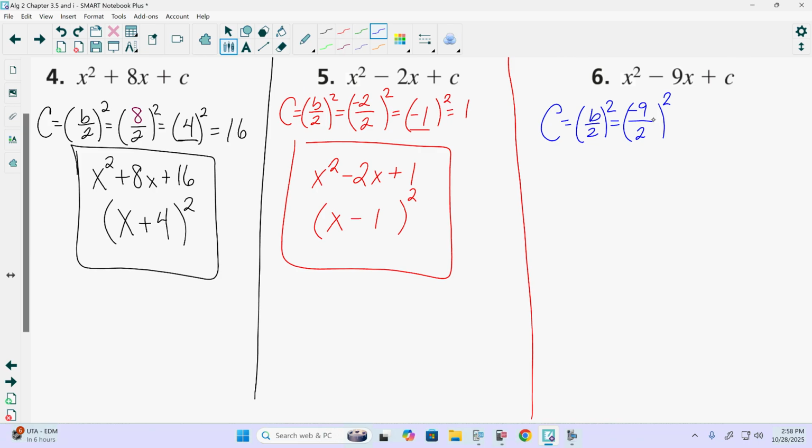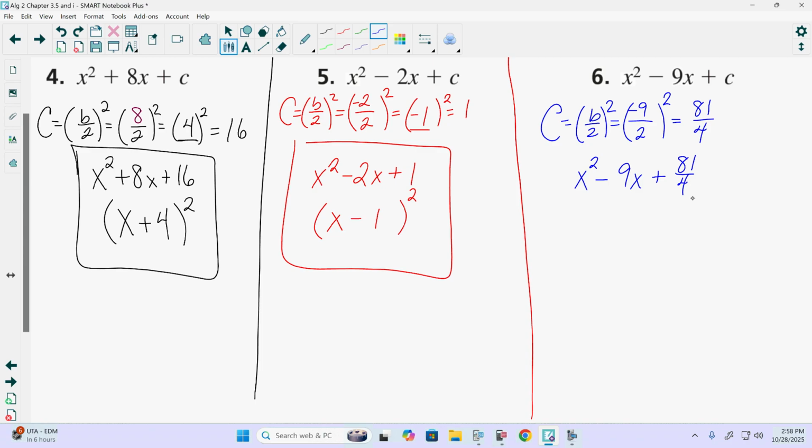Here, it's going to be better to leave it as a fraction. And since we can't simplify it, this is as simplified as it gets, we're just going to go on and square it. Negative 9/2 squared is 81/4, telling us that the perfect square trinomial is going to be x squared minus 9x plus 81/4.